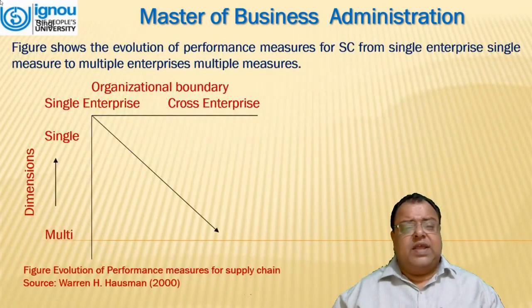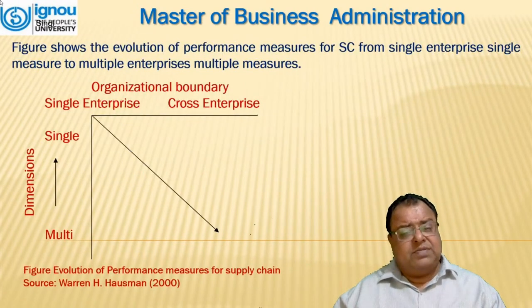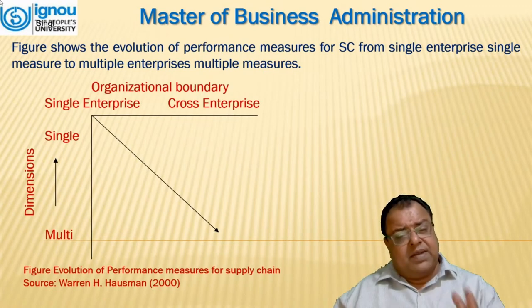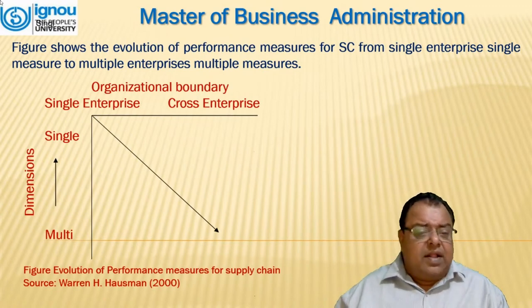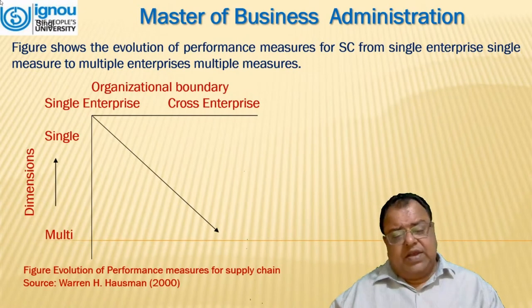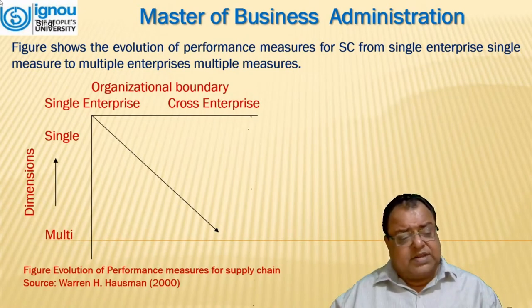The figure shows the evolution of performance measures for supply chain from single enterprise, single measure to multiple enterprise, multiple measures. This figure is basically the evolution of performance measures of supply chain sources, and it was presented by Brian Hoffman.